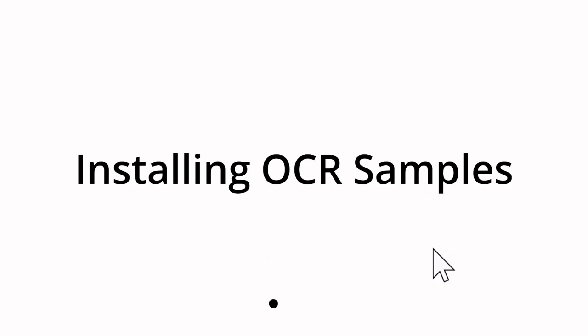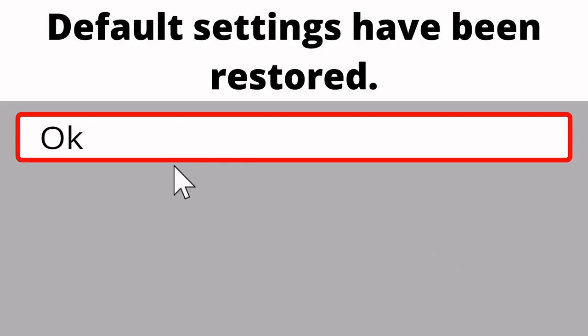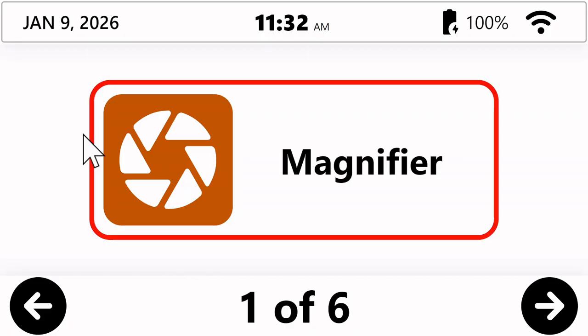And then now that I understand how they all work, I could go through them individually and make those settings to be what I want them to be, totally to my customized level. So now we see the default settings have been restored. We'll click OK. Now you see we're back to full color and everything is good to go.